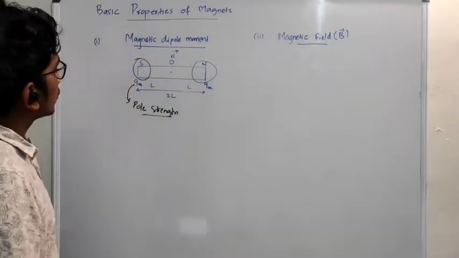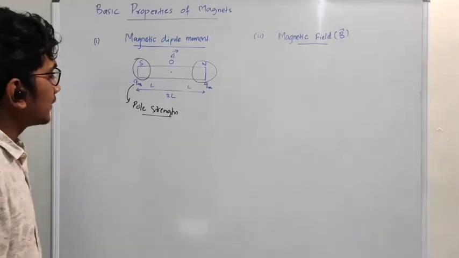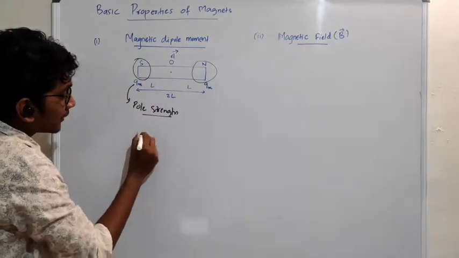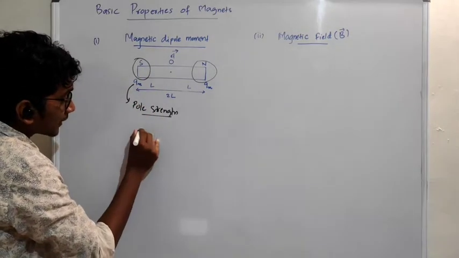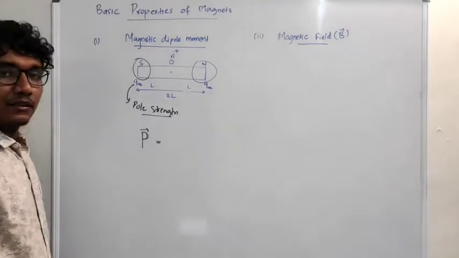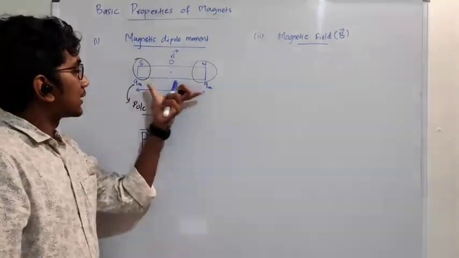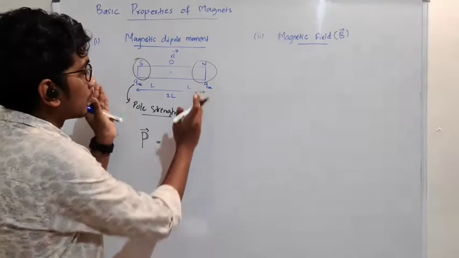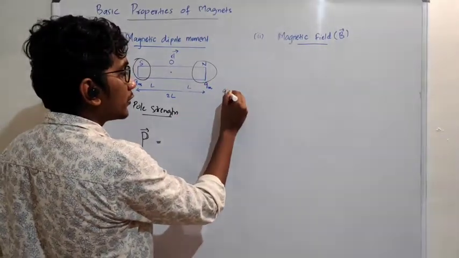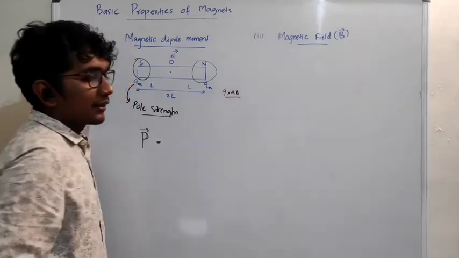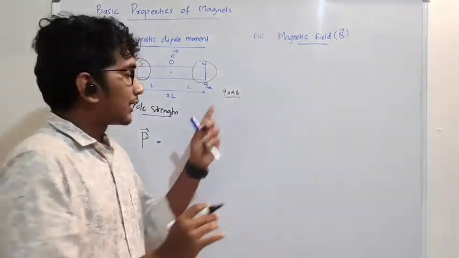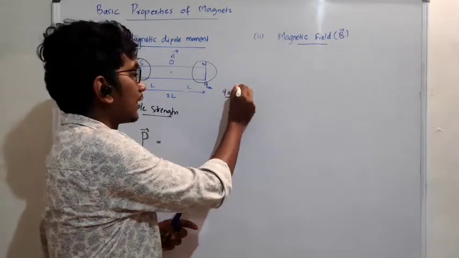Now all of you listen. This magnetic dipole moment we represent by the letter P, which is nothing but pole strength into length. Do you remember what electric dipole moment was? Q into 2L. Q is not a vector, but L was a vector.